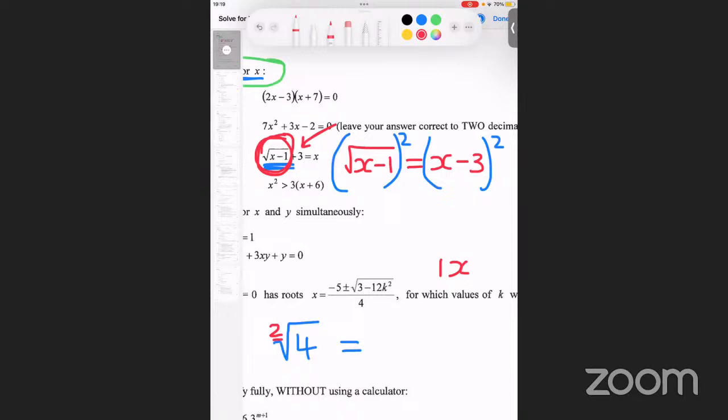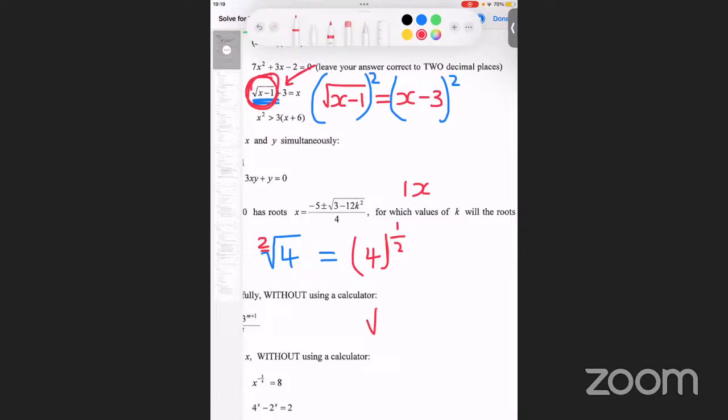So this thing, square root of 4, is actually the same as 4 to the power of 1 over 2. So square root of whatever is the same as whatever to the exponent 1 over 2.